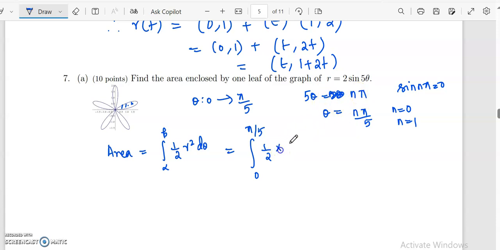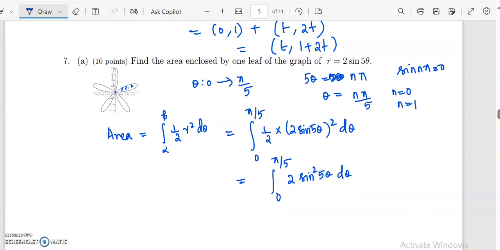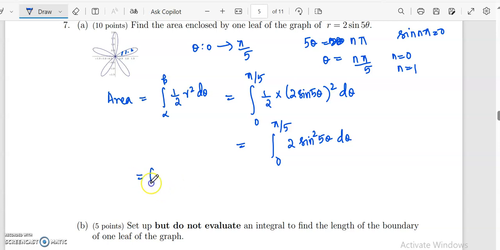So r square will be (2 sine 5 theta) whole square d theta. So we will get the integral from 0 to pi by 5 of 2 square by 2, which is 2 sine square 5 theta d theta.